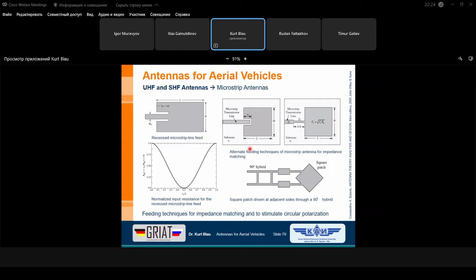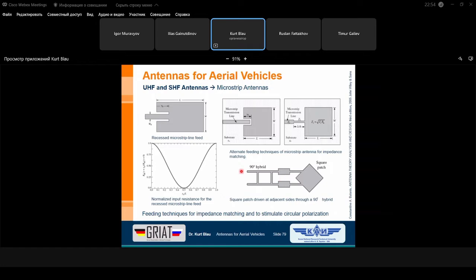And now I also showed you how we can excite such a square patch in such a way that we can excite circular polarization. Let's say the key element feeding such a square patch antenna is a so-called 90-degree hybrid.